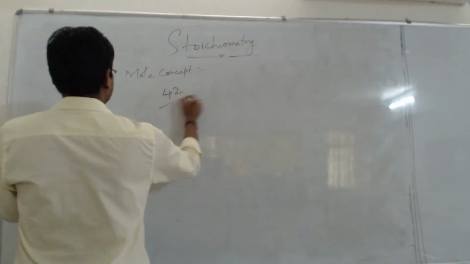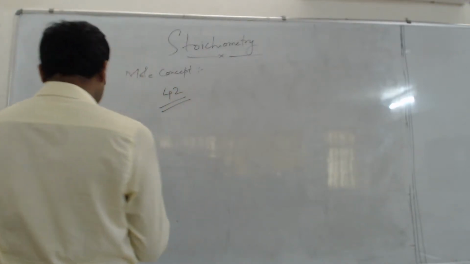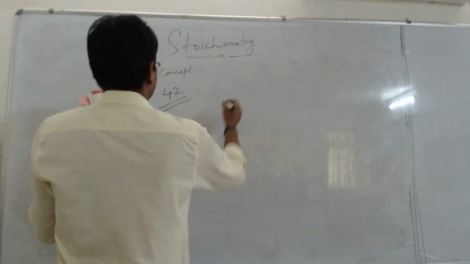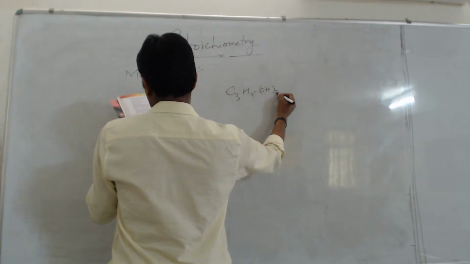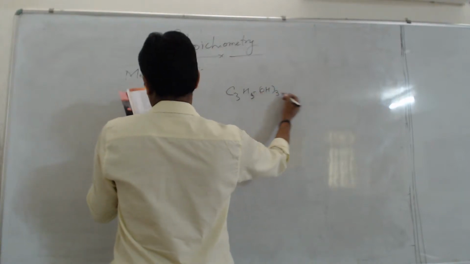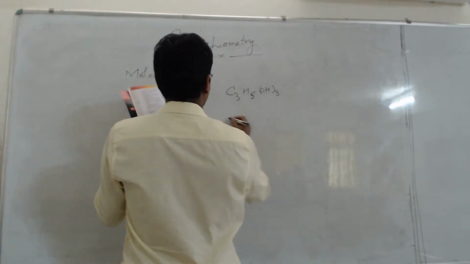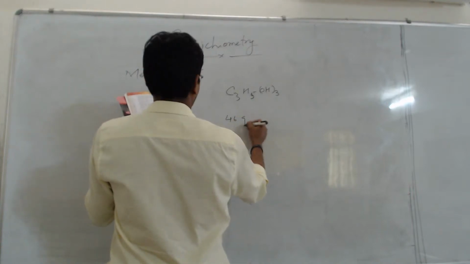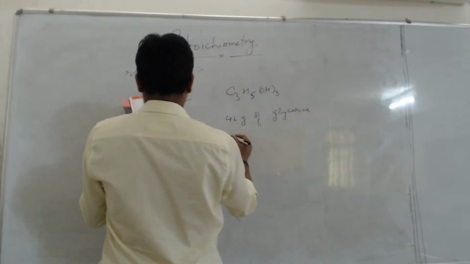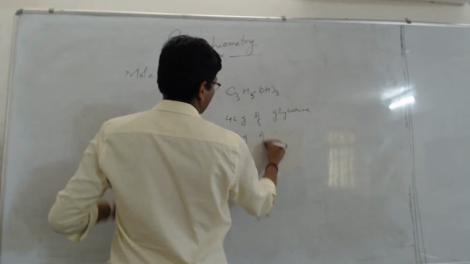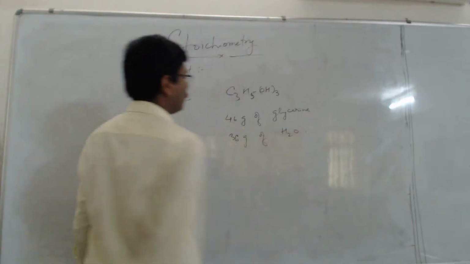Question number 42. Mole fraction of glycerine, C3H5(OH)3, in a solution with 46 gram of glycerine and 36 gram of water. So we have a sample of 46 gram glycerine.